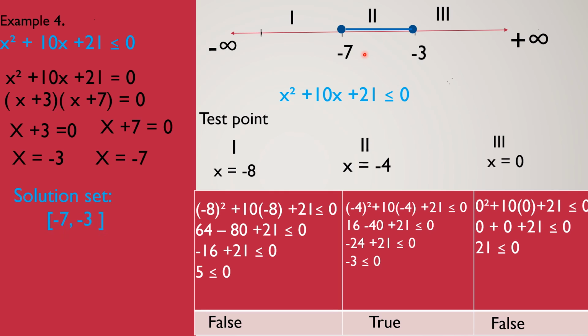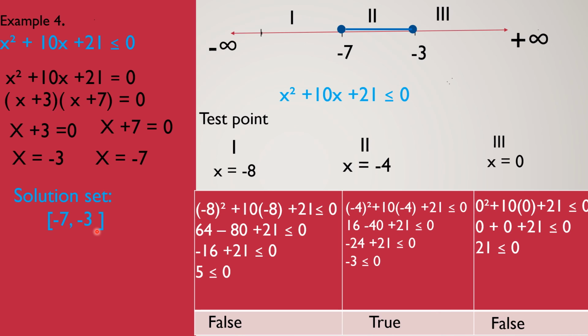So the solution set now in interval notation is open bracket, negative 7. This bracket means that negative 7 is included, comma, negative 3. And then I'm going to put another close bracket here because negative 3 is also included. So bracket if the integer or integers are included in the solution set.